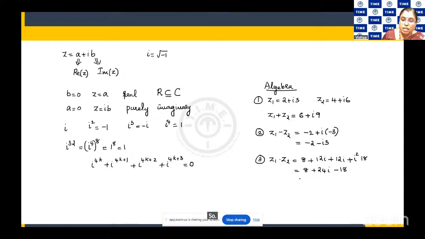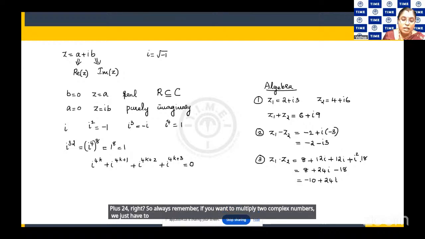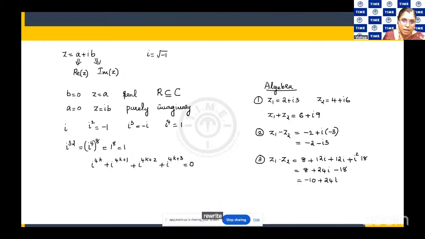So 8 minus 18 will give you minus 10 plus 24i. So always remember, if you want to multiply two complex numbers, we just have to FOIL and rewrite i square as minus 1. Clear?